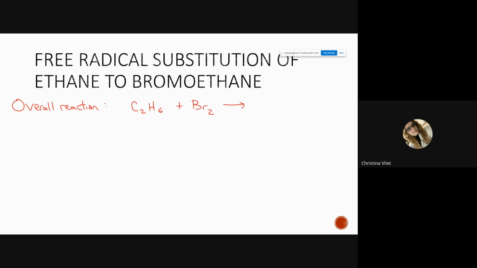And what is the condition? You must have UV light or it doesn't happen. Which means there can be the option for no reaction. Those of you remember that no reaction can be an option on the quiz, on the mini assessments. Sometimes.